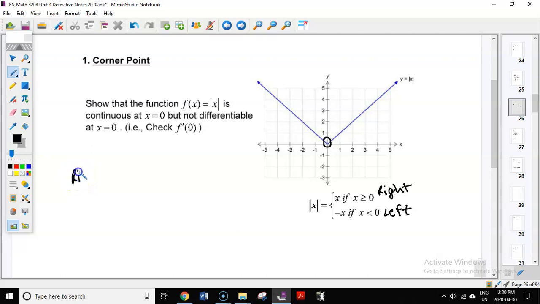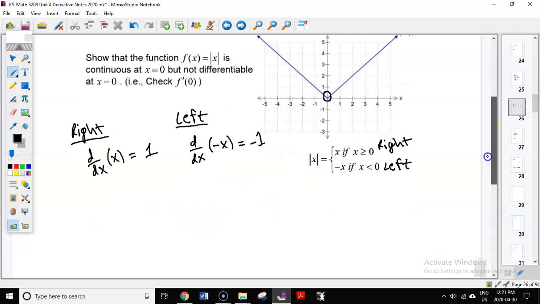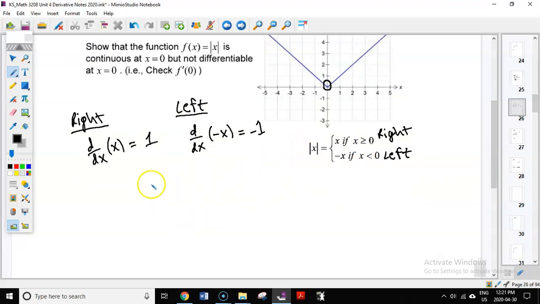Take the right derivative. So derivative with respect to x of x equals 1. Take the left derivative. Derivative with respect to x of negative x. That equals negative 1. Okay, so in piecewise, you have to show basically where they meet, and if that derivative is not equal, then it's not differentiable.